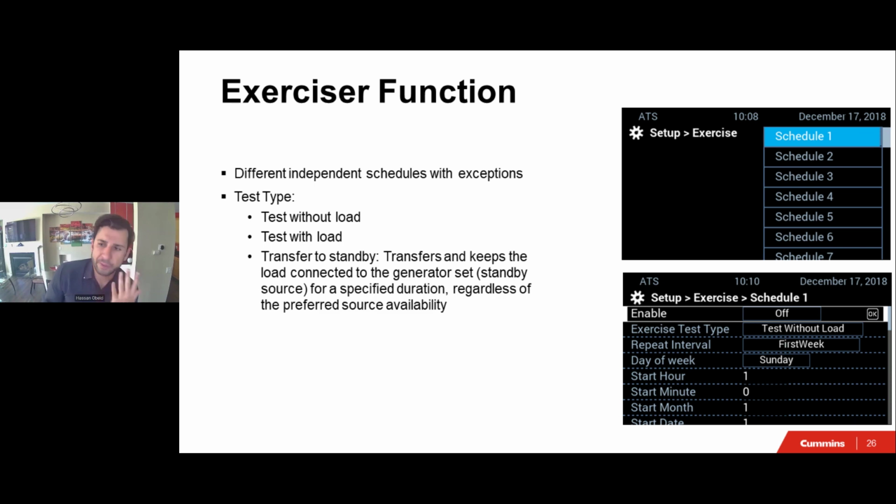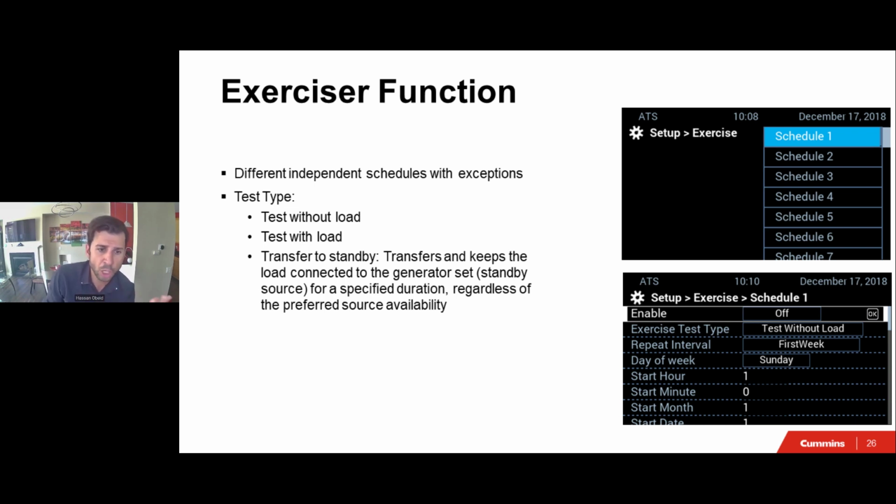Exercise function. So hopefully, I think I got a question also from the audience about how much I should exercise the generator and the transfer switch. Typically, I like to use the rule of thumb of 30-30-30, okay? I mean, you should follow what is outlined in the manufacturer's recommendation, but the 30-30-30 is every 30 days, for 30 minutes, and load up the generator 30%, right?